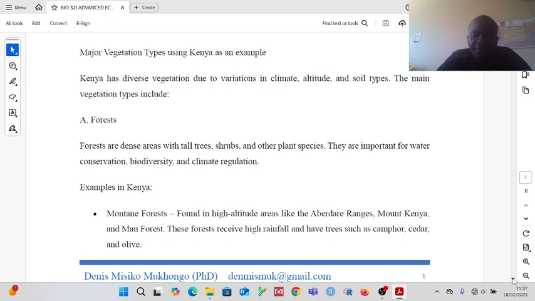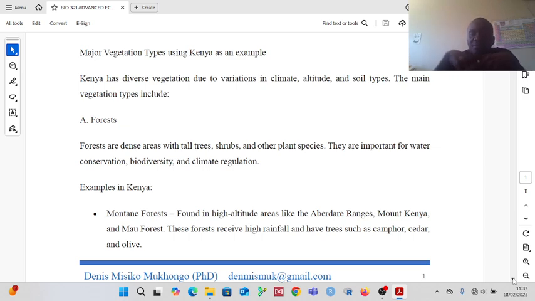When you think of examples in our country, Kenya, then you think of the montane forests, which are found in high altitude areas. So you think of the forests found in areas like the Aberdare Ranges, Mount Kenya, the Mau.